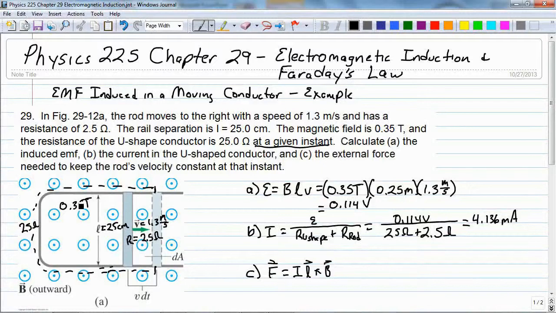Since the magnetic field is perpendicular to the direction that the current is flowing, the magnitude of the force is just going to be equal to the current times the length times the magnetic field.